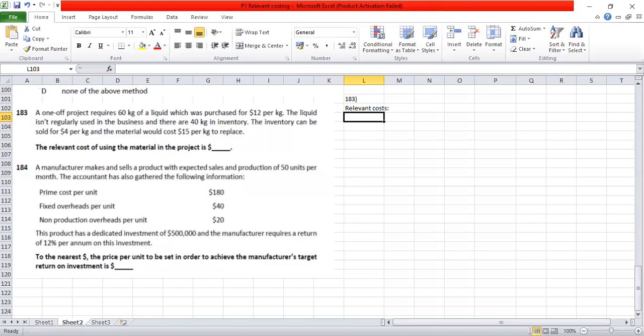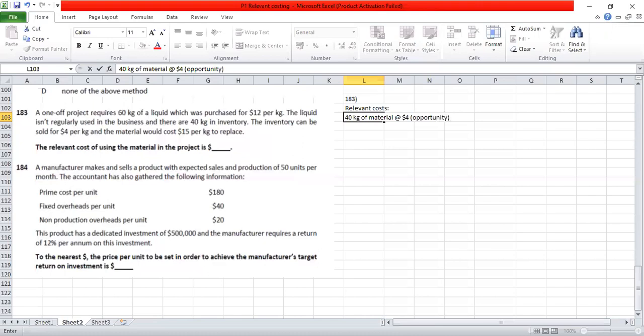The inventory can be sold for $4 per kg. 40 kgs of material, $4. What is this category? It could be sold, so that is indicating that this is an opportunity cost. It's there in the business.